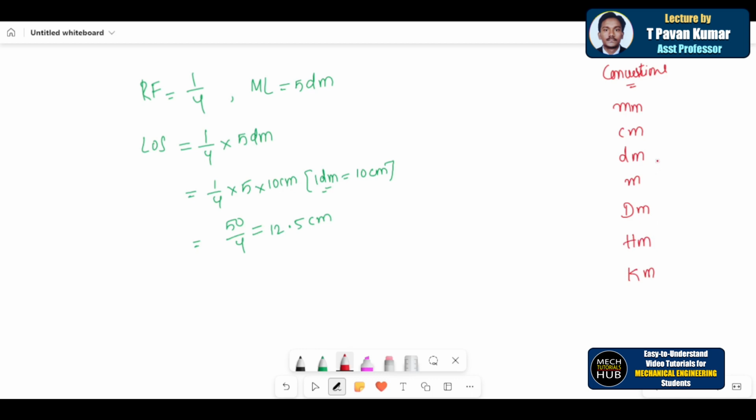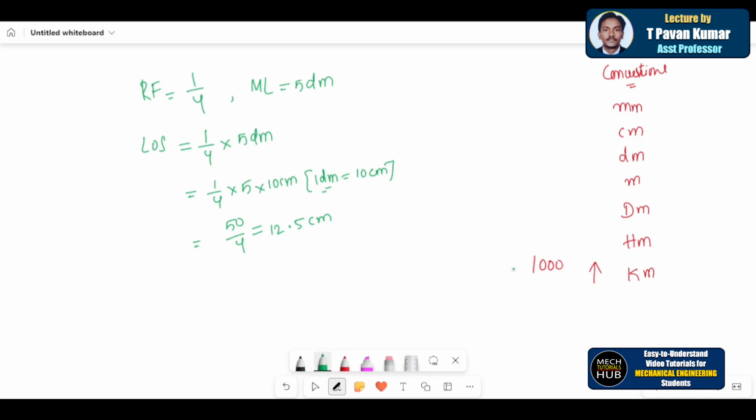Those who don't know, try to remember in this order. If I want to convert kilometers to meters, I multiply the number by 1000. Going 1, 2, 3 steps, I take 3 zeros. That is how I do the calculation.